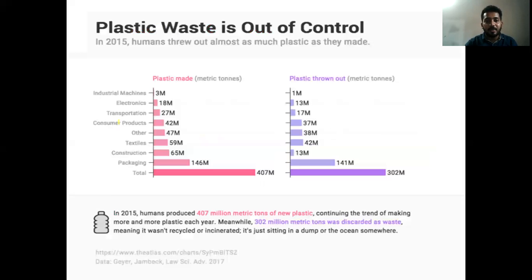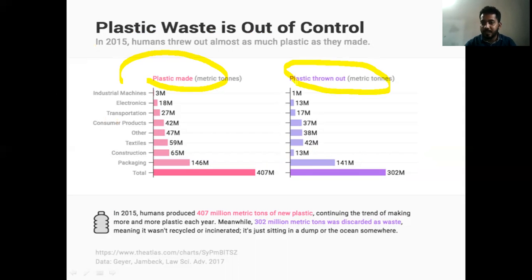Let me give an example. Here we have a diagram regarding the plastic waste produced by humans. On the left side, you have the data regarding the amount of plastic manufactured, and on the right side, you have the information regarding the amount of plastic thrown out in our surrounding environment.